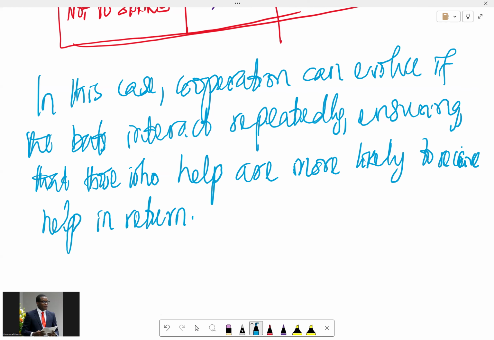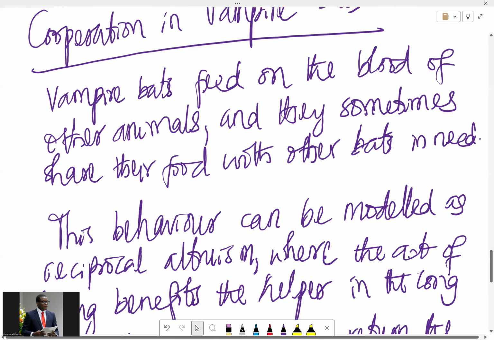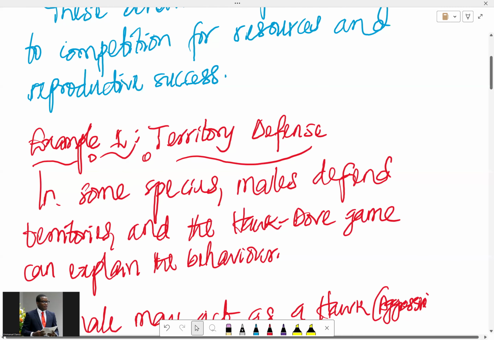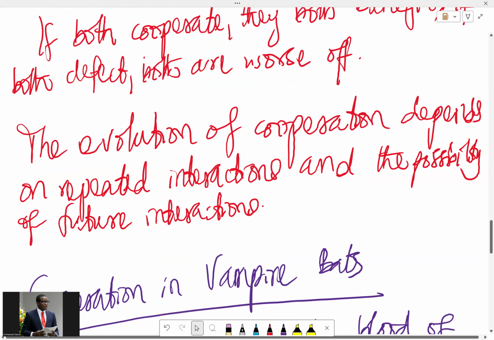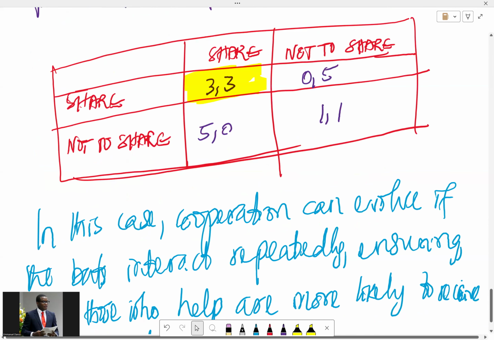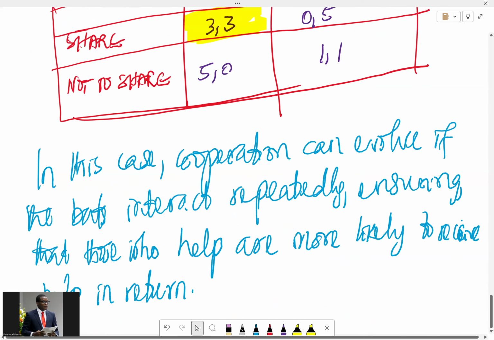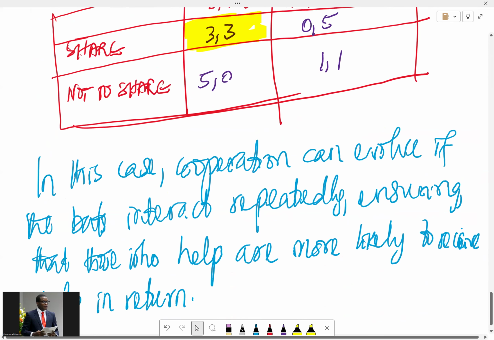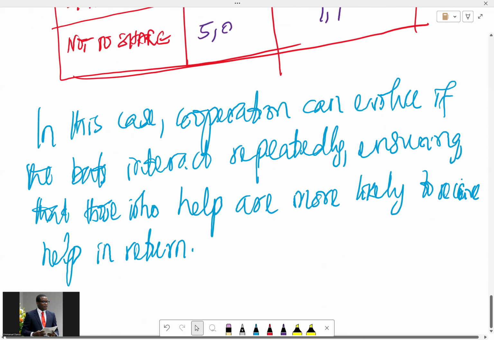So that's an idea on animal behavior in evolutionary game theory. So you see it linking up with the idea of prisoner's dilemma again. And in the long run, cooperation is still the best bet, right? As you can see, it benefits both parties.